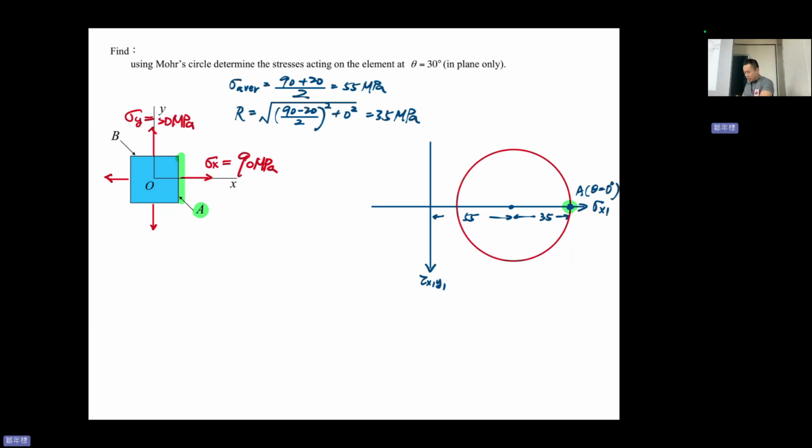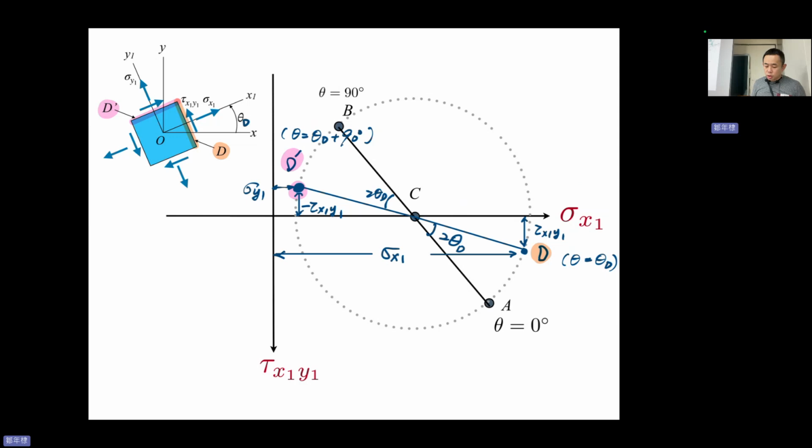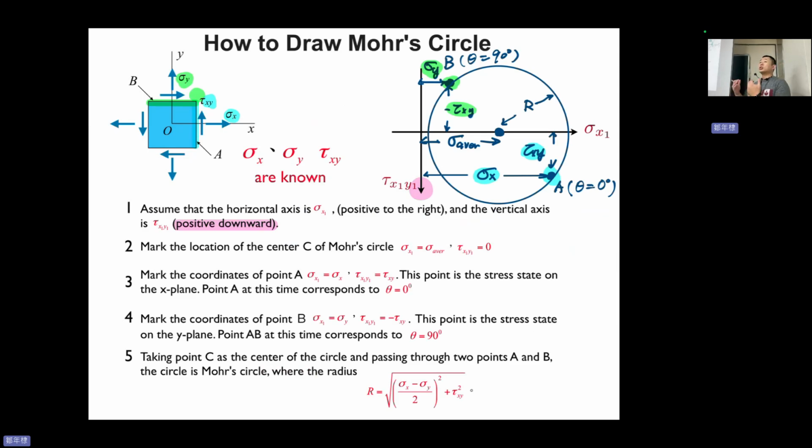So yesterday we talked about how to draw Mohr's circle. Okay, Mohr's circle is really an elegant way to determine the stress status in all directions, all orientations. All you need to do is know sigma x, sigma y, tau xy, which is the norm, right?